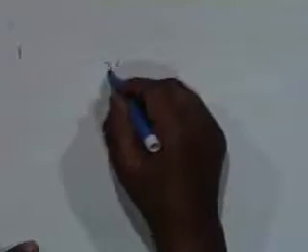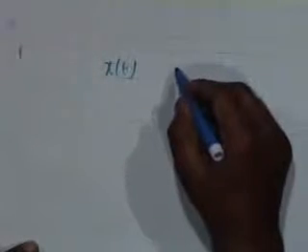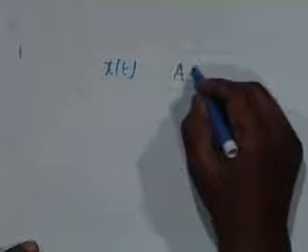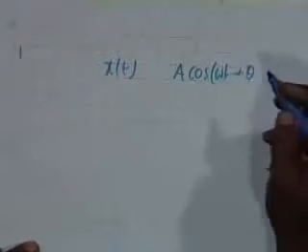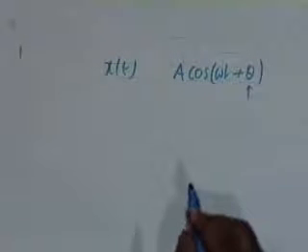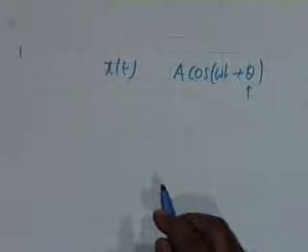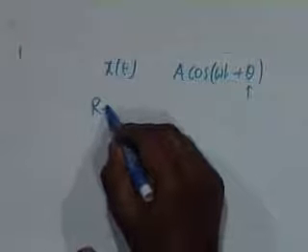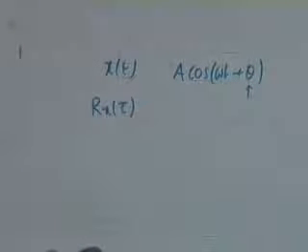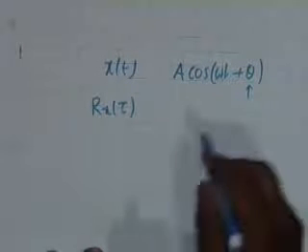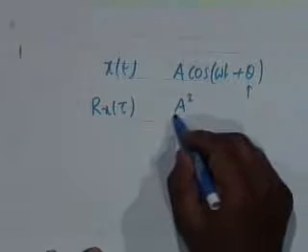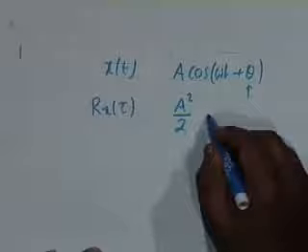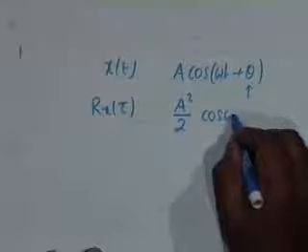And then we showed that if x of t has a periodic component of the form, let us say, a cosine omega t plus theta, where theta is the random variable, then Rx of tau has a periodic component with the same frequency, whose amplitude is a squared by 2, multiplied by cosine of omega tau.